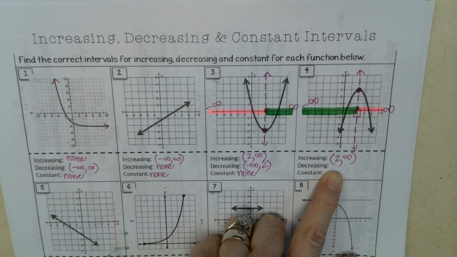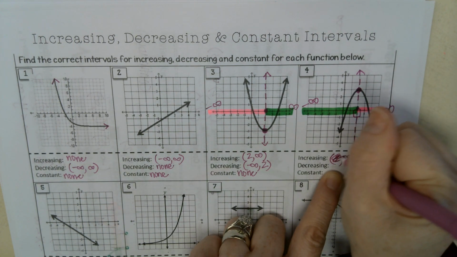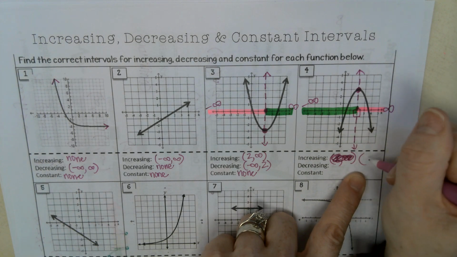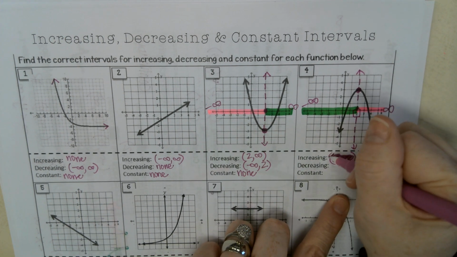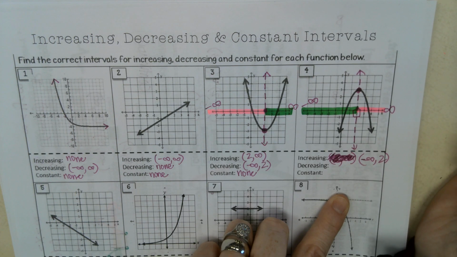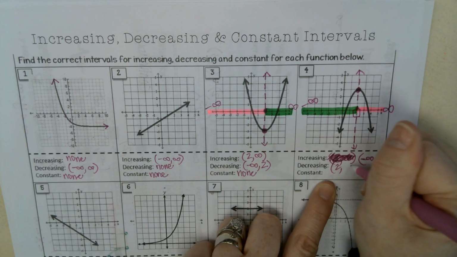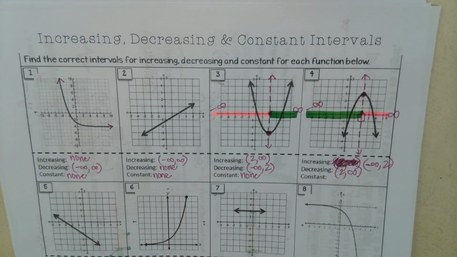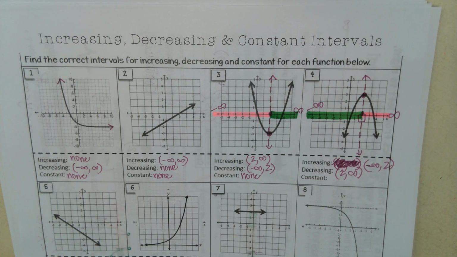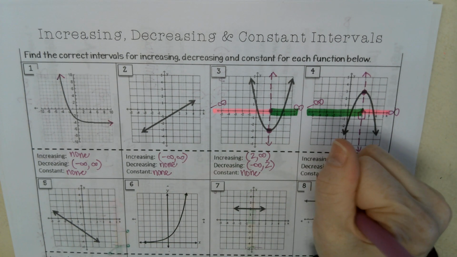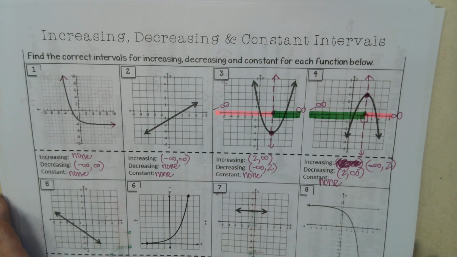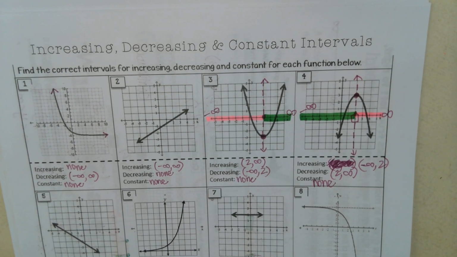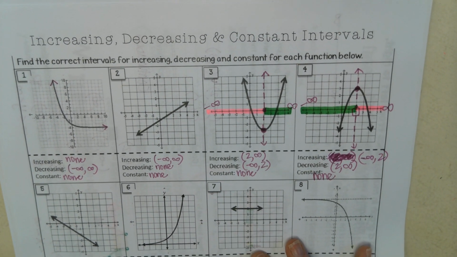So from 2, sorry, I wrote that wrong. It is increasing from negative infinity until I get to 2. And it is decreasing from 2 to positive infinity. And there is no flat interval right here.